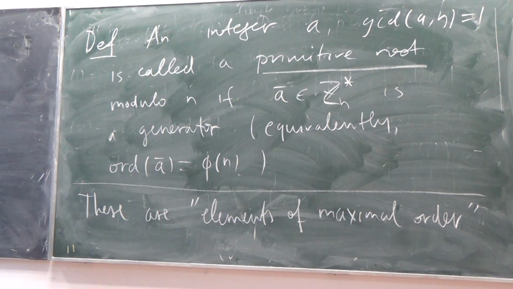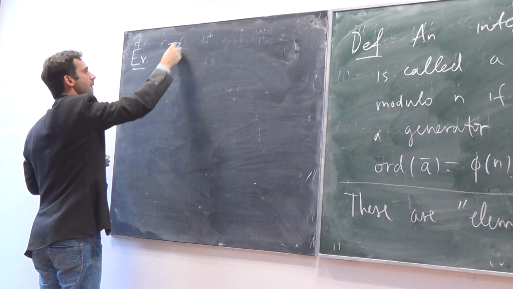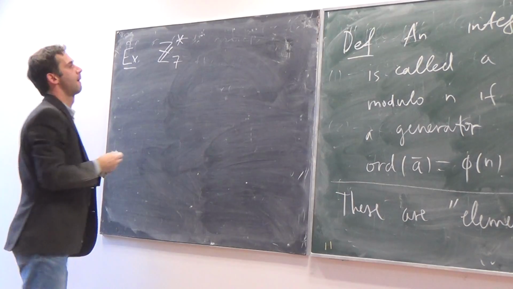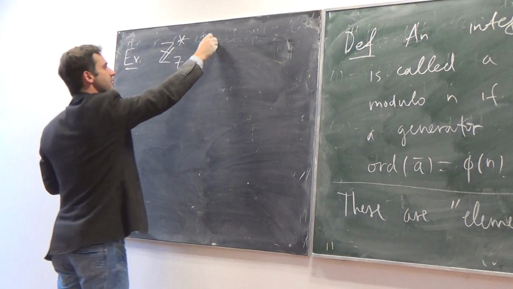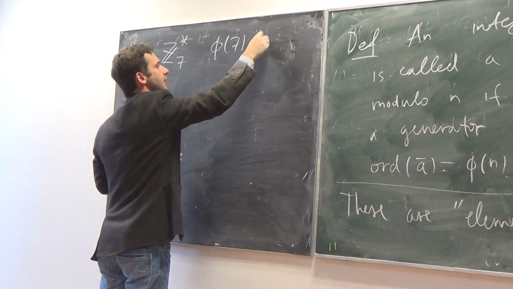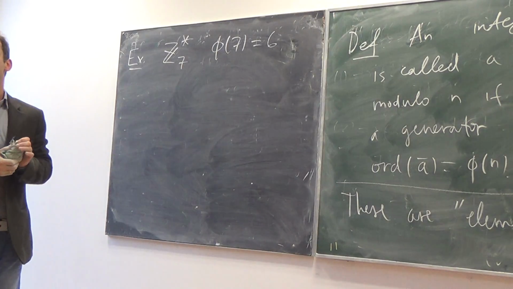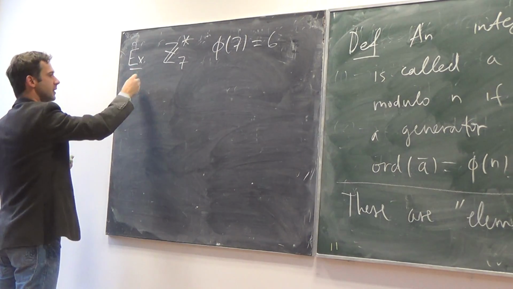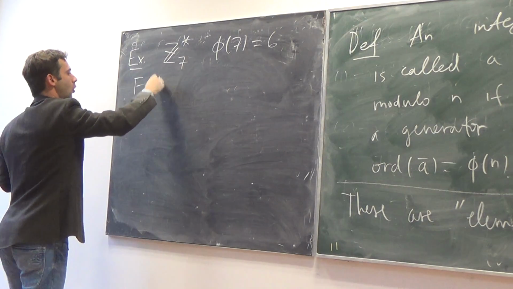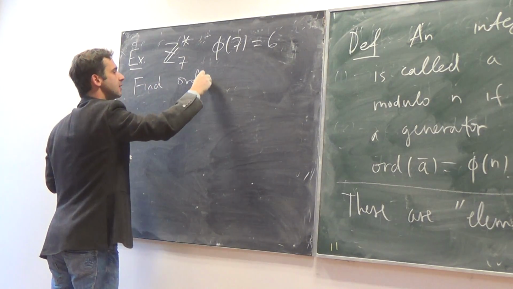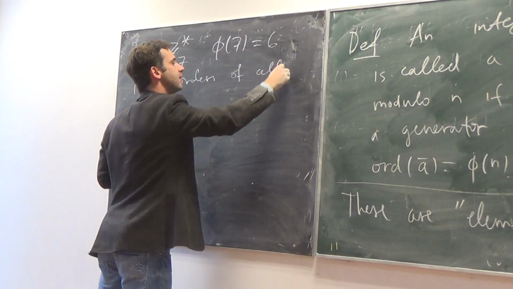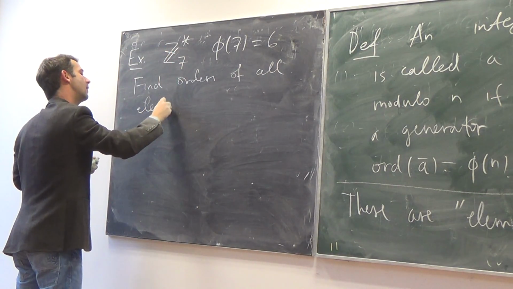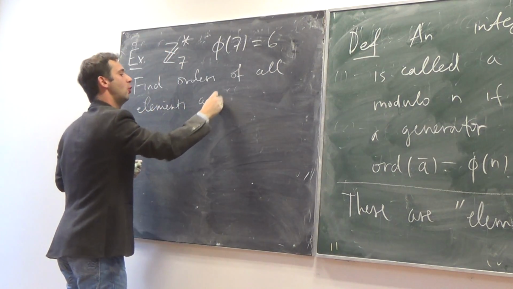Okay, let's do one more case study. So let's do Z7 star. So phi of 7 is 6. I have 6 elements, and then I can list orders. So the question is this: find orders of all elements and describe all primitive roots.